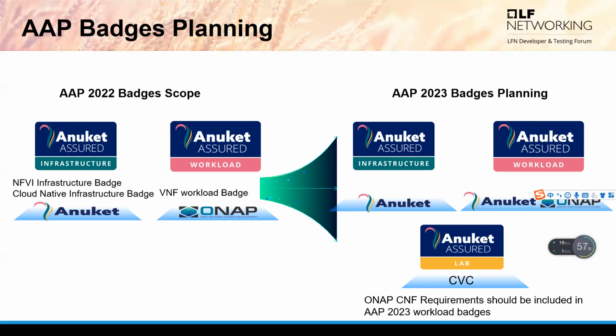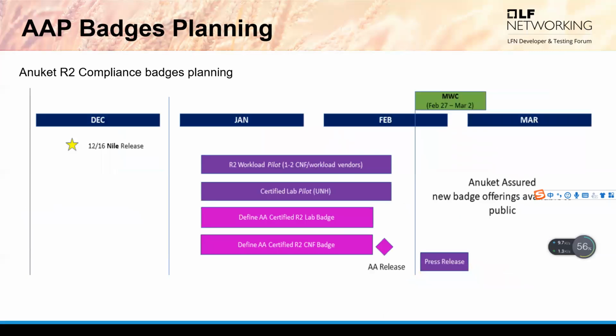AAP only provided the NFVI infrastructure badge, cloud-native infrastructure badge, and the VNF workload badge last year. This year, it will expand the badge scope to include more badges, such as the CNF workload and lab badges. Most of the requirements for workload and lab come from Anuket.